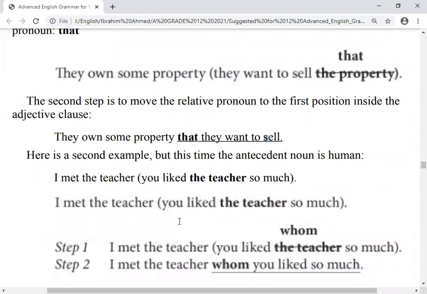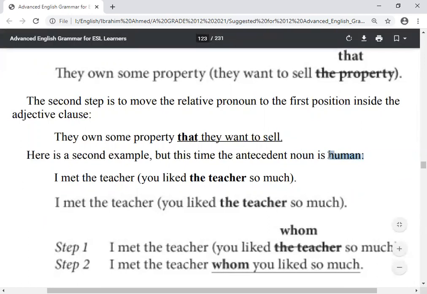Here is a second example, but this time the antecedent noun is human. With the non-human, we use that, as you know. I met the teacher. Between parentheses, we have the underlying sentence which has the repeated noun, the teacher, and this is human. The teacher here is the object, and with an object that is human, we use whom.